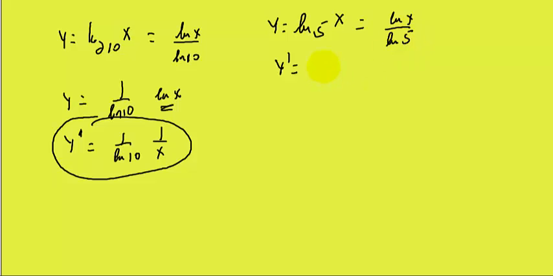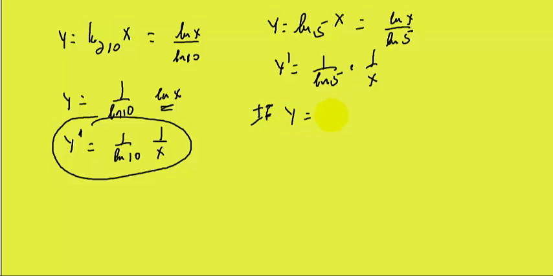So y prime is going to be 1 over ln of 5, because that's just the coefficient, times 1 over x. So if you want a formula, here it is. If you want to memorize another one, I would just take ln of both sides before you do anything.